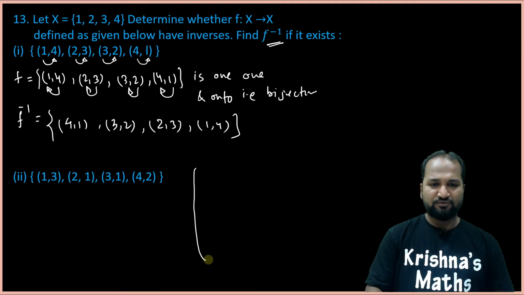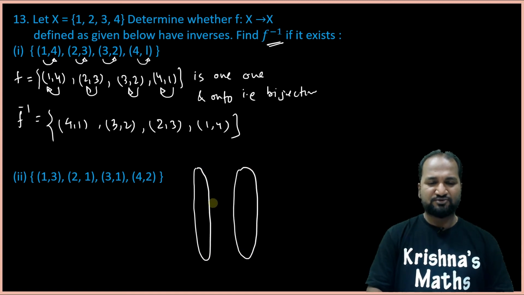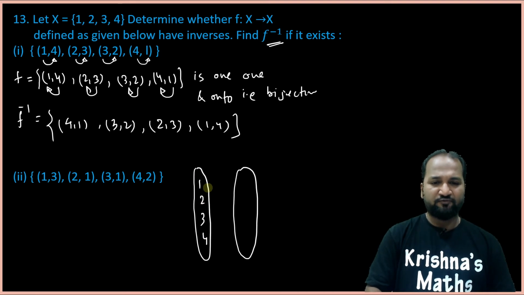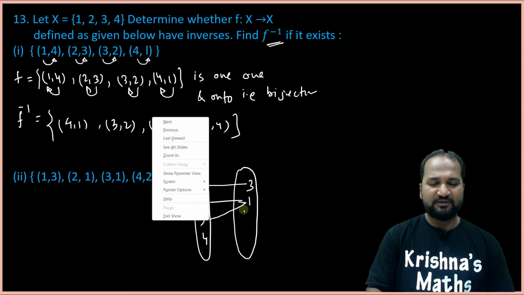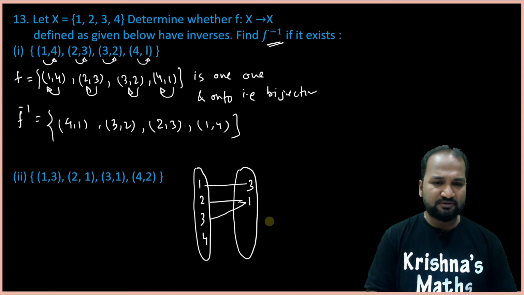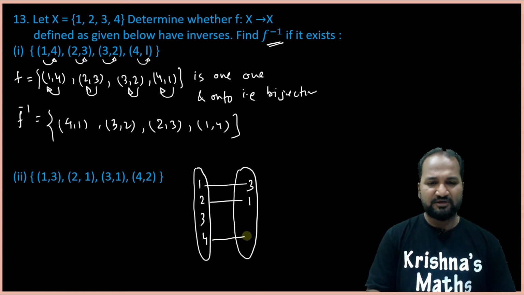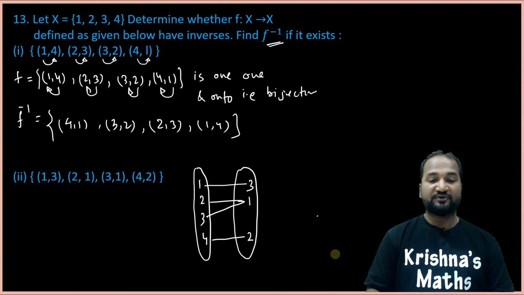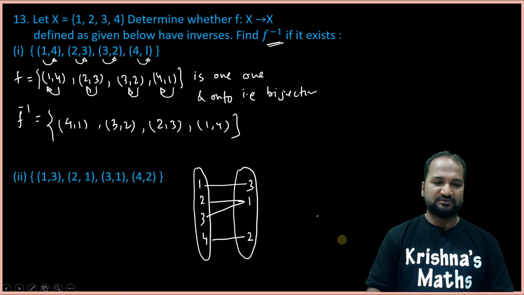Now the second one. Look, 1 2 3 4 is A and this is B, from X to X. The image of 1 is 3, the image of 2 is 3, the image of 1 3 is also 1, and the image of 4 is 2. So 2 and 3 both map to 1, and 4 maps to 2. This is a many-one function, not injective.